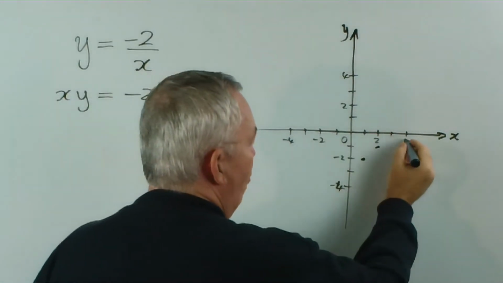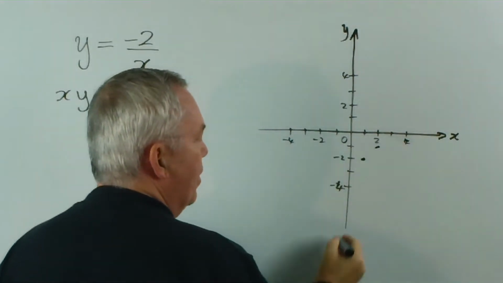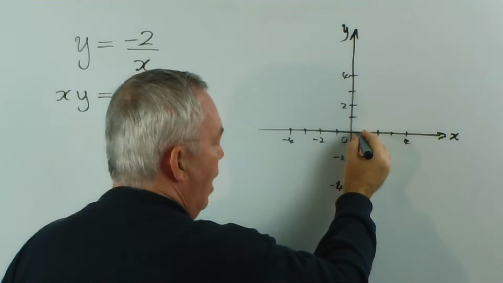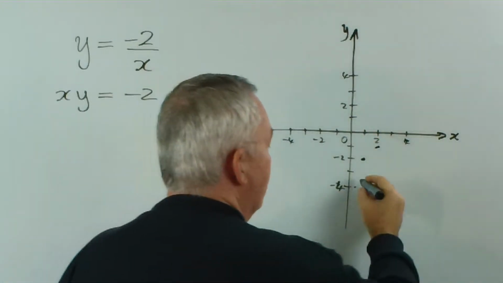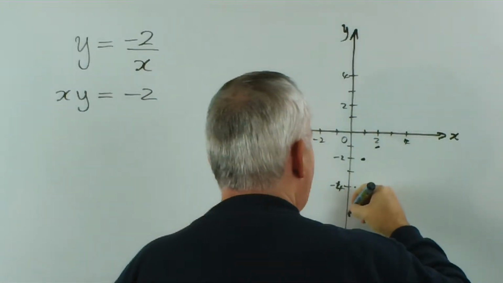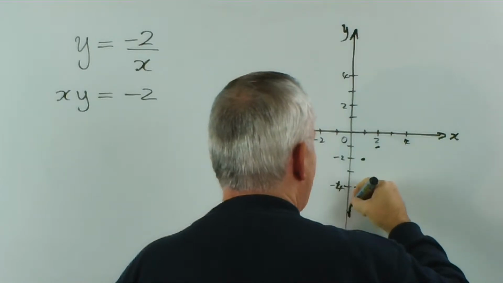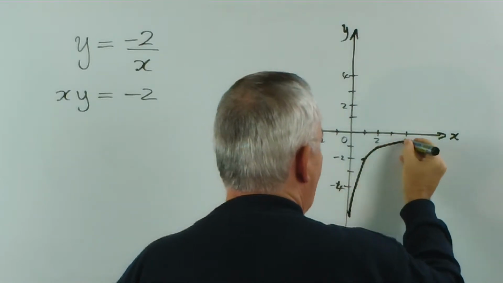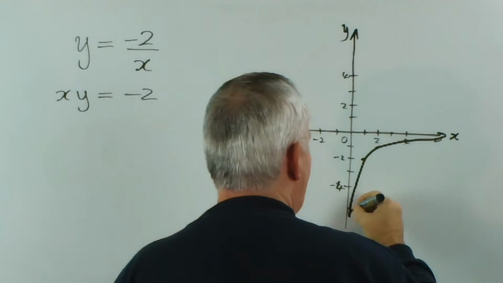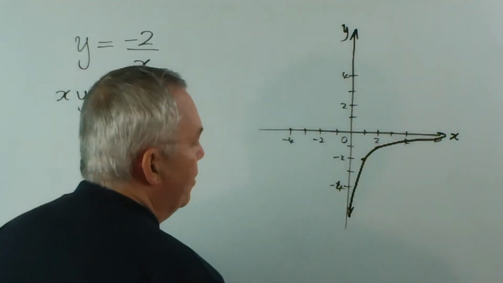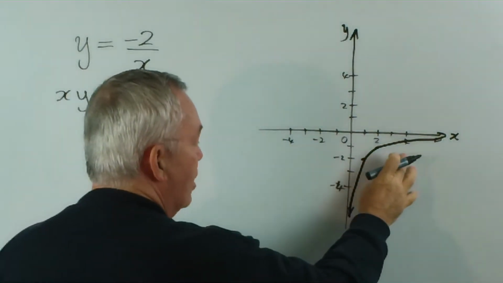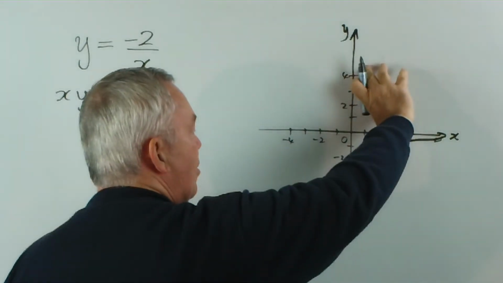I could multiply 4 by minus a half, or a half times minus 4. So you see we have exactly the same pattern. This is a bit harder to draw on a whiteboard than on a page in a book, but that's exactly the same shape as we had up here before.